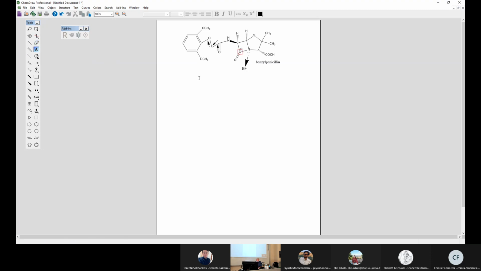This penicillin was the first penicillin stable in acidic condition, and so at that time people used this type of penicillin, penicillin V, it's called. Phenospen is the commercial name. They used this type of penicillin orally.